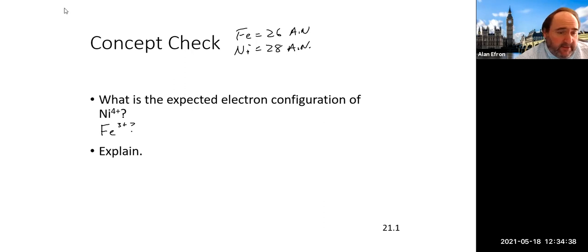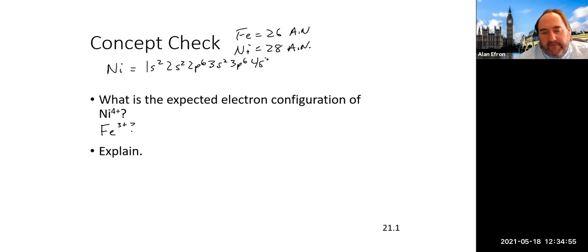We'll just start with nickel, and since nickel is 28, we'll do nickel with no charge just to make sure we understand where everybody's coming from. If we went all the way out there, 1s2, 2s2, 2p6, 3s2, 3p6, that would then be 4s2 and 3d8. At this point, nickel has a +4 charge, which means that it has lost 4 electrons.